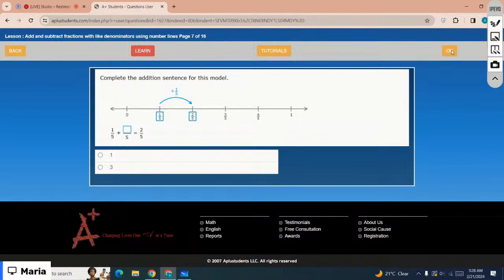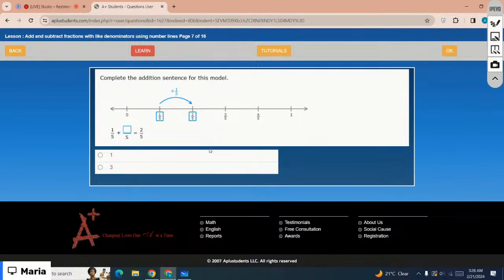The next one is 1 by 5 plus missing equals 2 by 5. Yes, the correct option is 1 over 5 plus 1 over 5 equals 2 over 5.